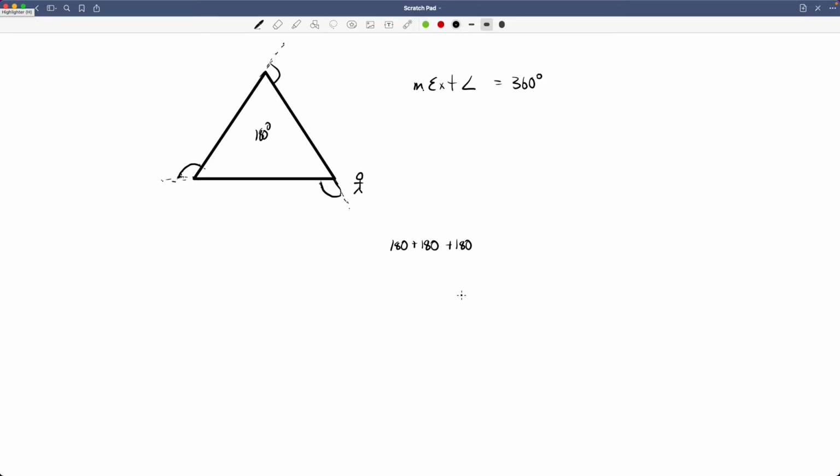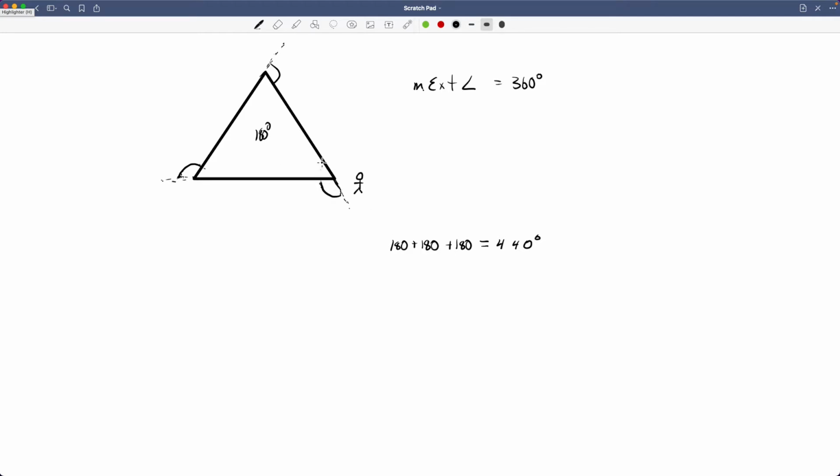But we know, and that would equal what? 180 plus 180, 3 times 180, that's 0, that's 4, that's 440. It's 440 degrees if we added all these straight angles up together.